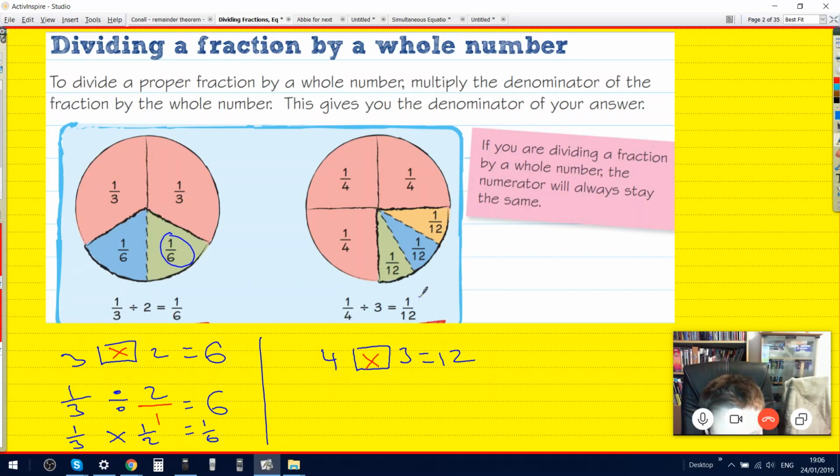Okay. And so for the second one, you have a quarter divided by 3. How would you do a quarter divided by 3? You would do keep, change, flip. Oh yeah.